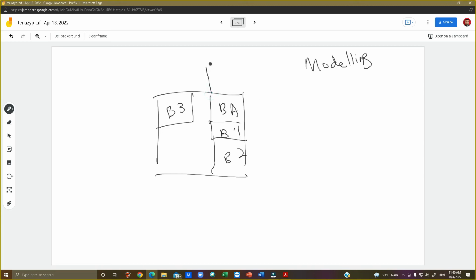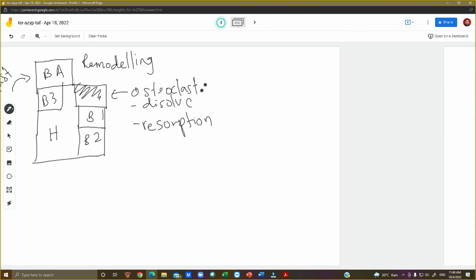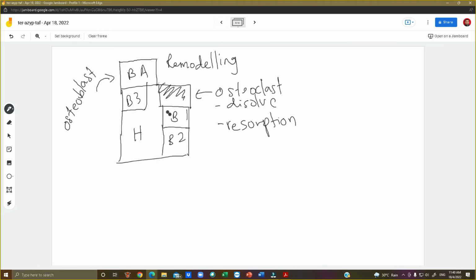We need to have bilik air 2. We are going to have bilik 4. New compartment being made entirely by osteoblast. New modeling.